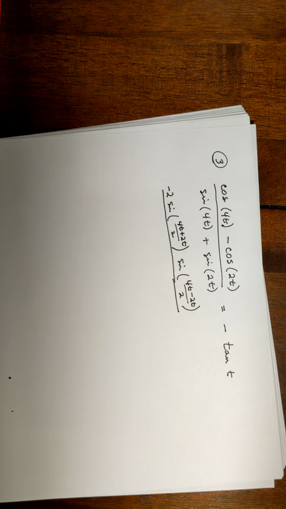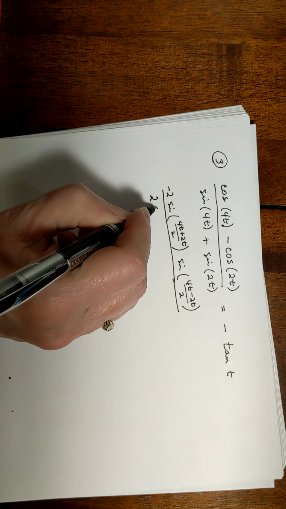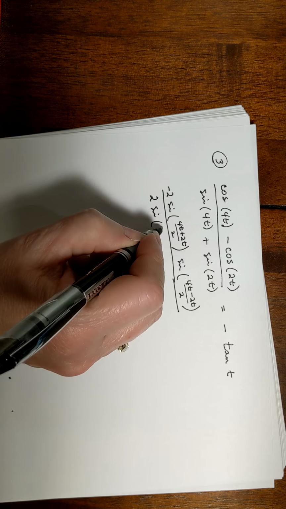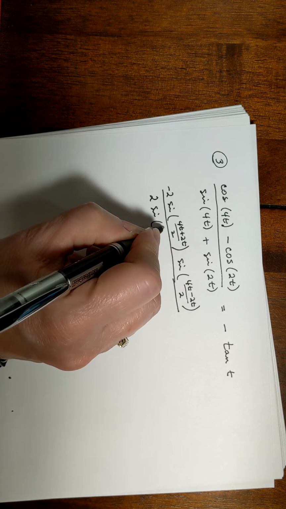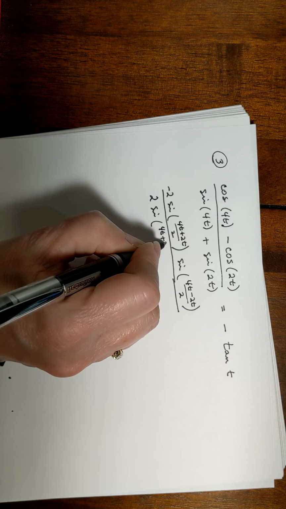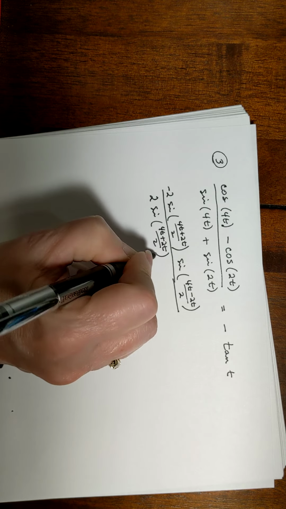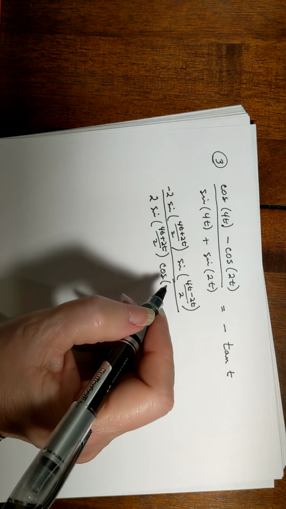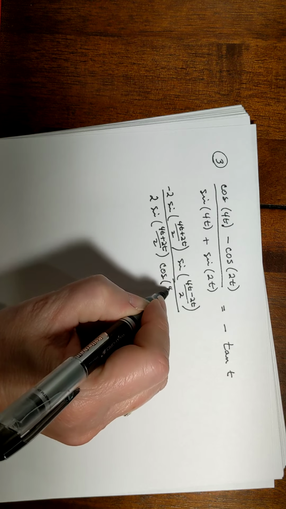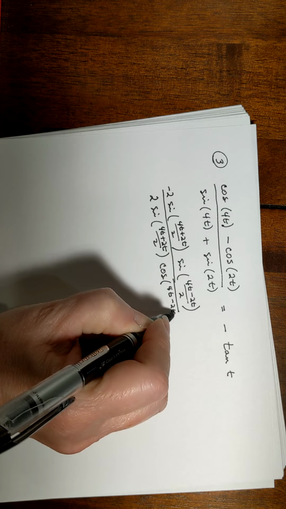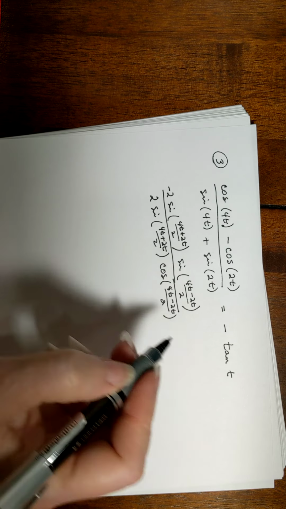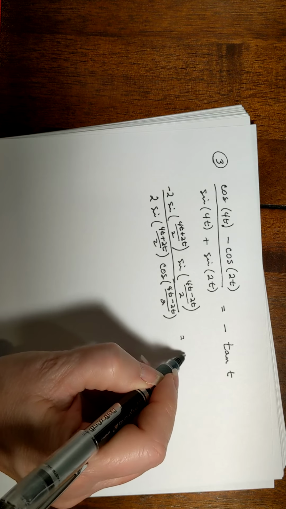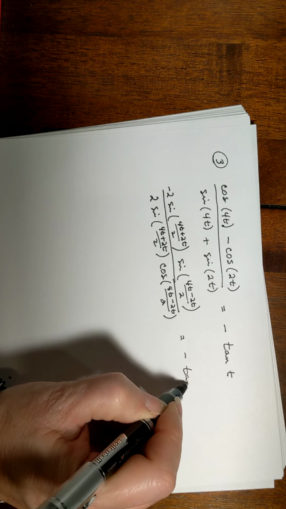So this will be 2 times the sine of 4t plus 2t over 2, times the cosine of 4t minus 2t over 2. And I want to show that that's equal to negative tangent of t.